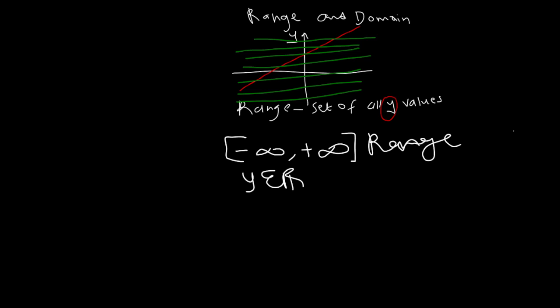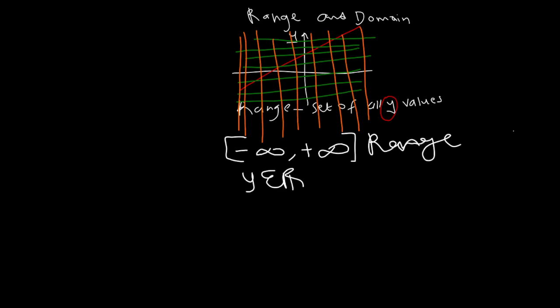We're going to use vertical lines cutting the x-axis, cutting as much as possible. Look at the red line. On the positive as well as on the negative side, I am cutting the graph as I cut the x-axis.